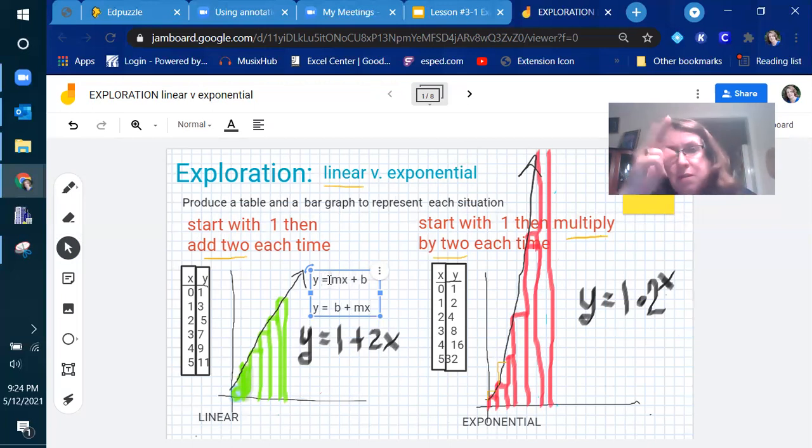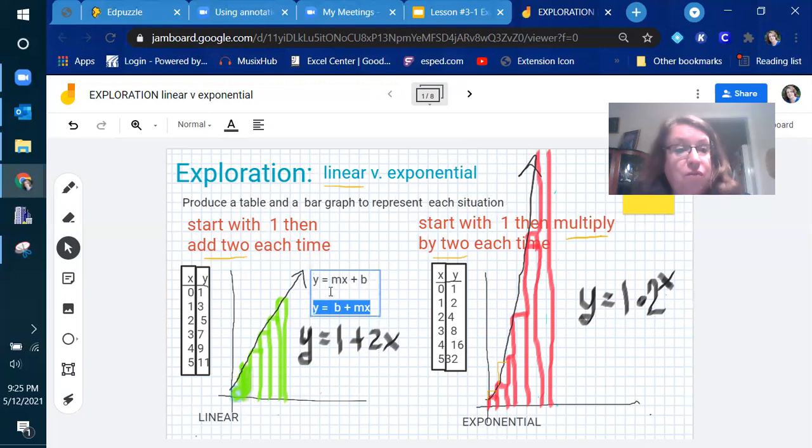But it's addition, so it doesn't matter. Like 2 plus 3 and 3 plus 2 mean the same thing. So b is the starting amount. The rate of change is 2, which is also called the slope, or the rise over run. And the x just says how many times you're doing that. So I'm talking about it in terms of b plus mx instead of mx plus b.